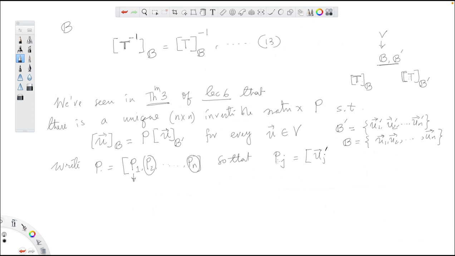We have seen in Theorem 3 of Lecture 6 that the jth column can be found by finding the coordinate matrix of the jth element of the ordered basis B prime, uj prime, relative to the basis B.